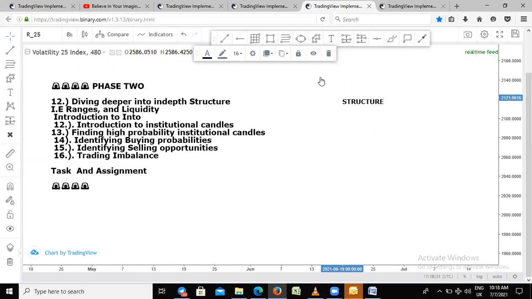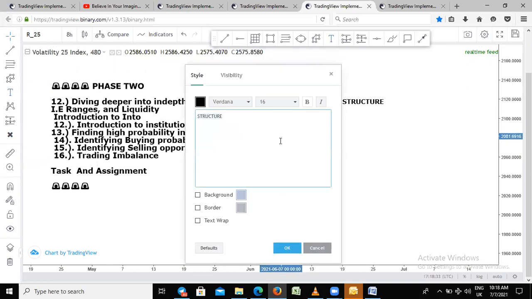Let me just write this: validating a higher low in a bullish market. Still the same thing that I taught you, but this is deeper in the bullish markets.